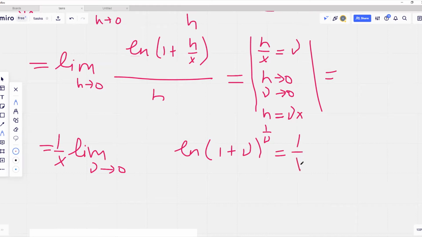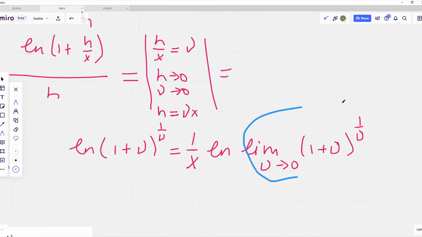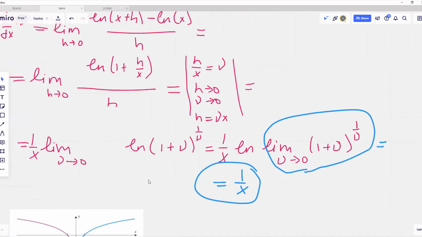So we'll end up with 1 over x, ln of the limit as nu is approaching 0 of 1 plus nu to the power of 1 over nu. Okay, now this limit is familiar to us. It is equal to e. So we have 1 over x multiplied by ln of e, which is 1. So we have shown that the derivative of ln of x is equal to 1 over x.